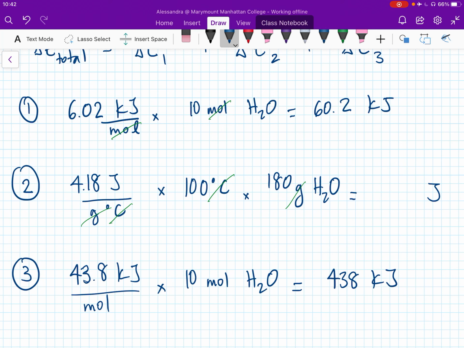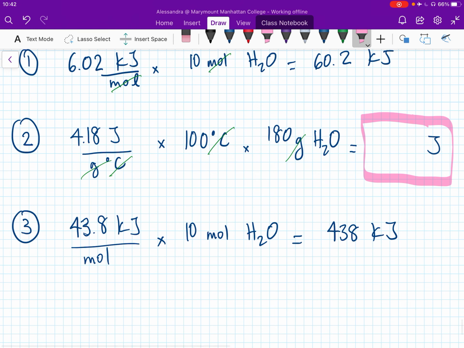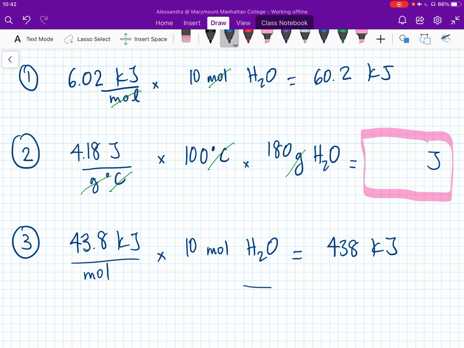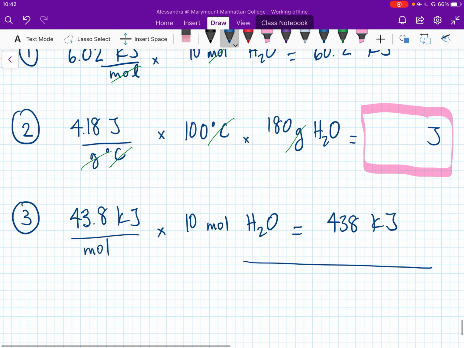Okay, now what you want to do, once you get this number, you have to convert it to kilojoules. And then you add all three of these together. And you should be able to find that the delta E total being equal to all of these steps is about 500.